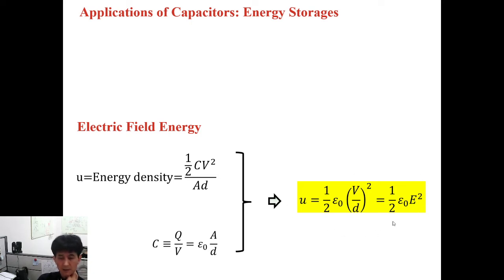So the electric field by itself can generate an energy density whose amount is 1 over 2 epsilon 0 times E squared. That's the basic property of the electric field. The electric field itself contains an energy density.